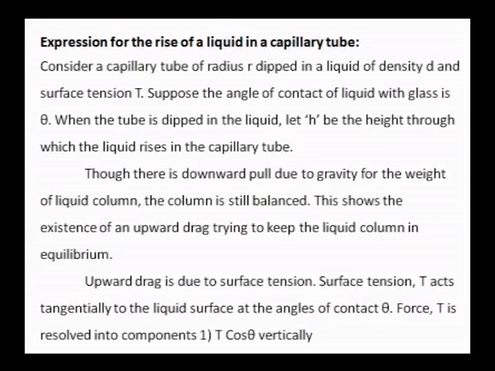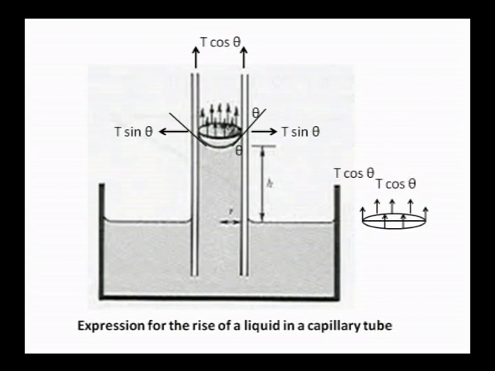The surface tension T acts tangentially to the liquid surface at the angle of contact theta. If the surface tension T is resolved into components, one along the y axis and the other along the x axis, we see the horizontal component is T sin theta and the vertical component is T cos theta.